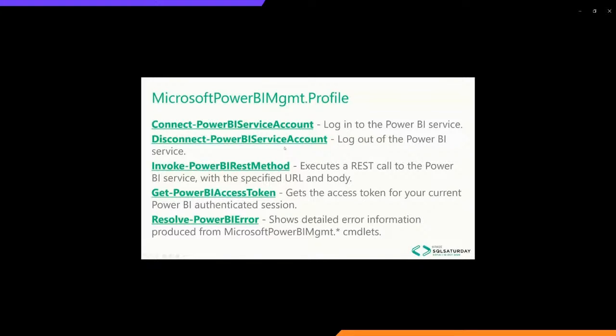Disconnect, of course, logs you out. And if you want to call the REST API directly, you will have to use the Invoke-PowerBIRestMethod commandlet. However, in this case, you have to get the Power BI access token, which is obtained here, to be able to authenticate yourself when calling the Power BI REST method.